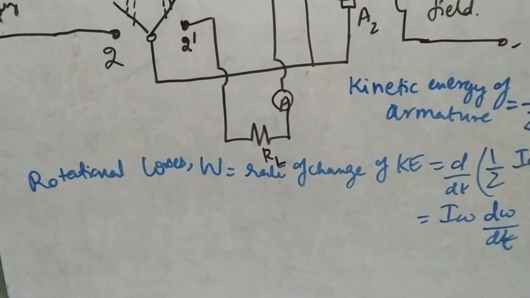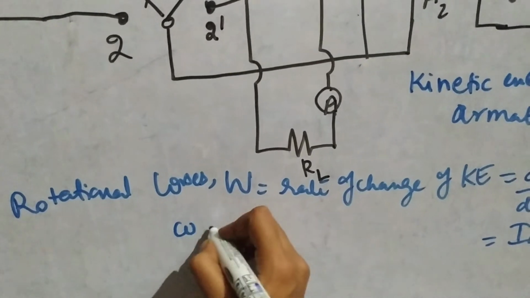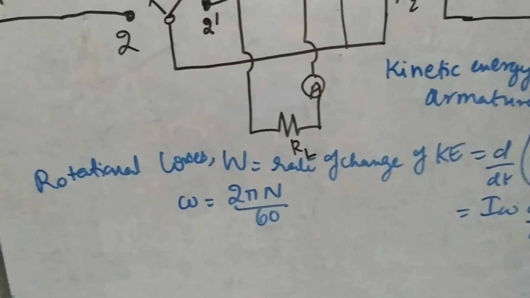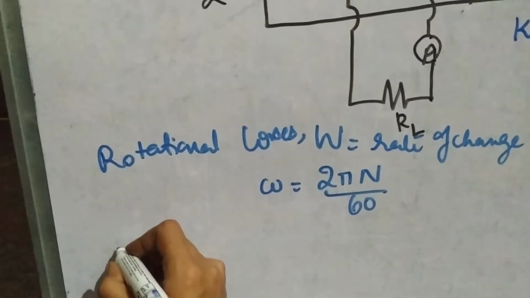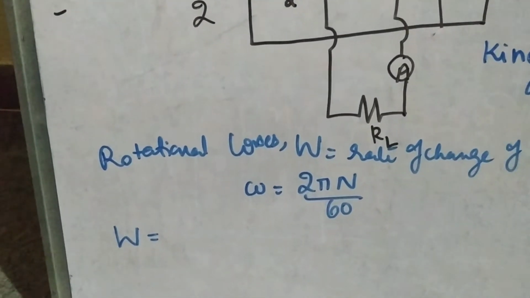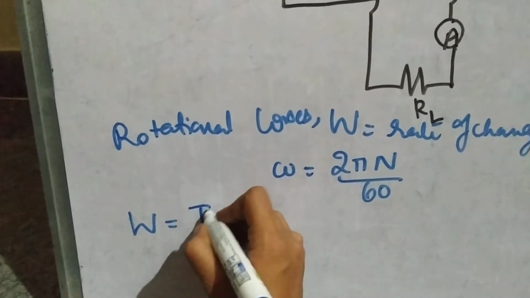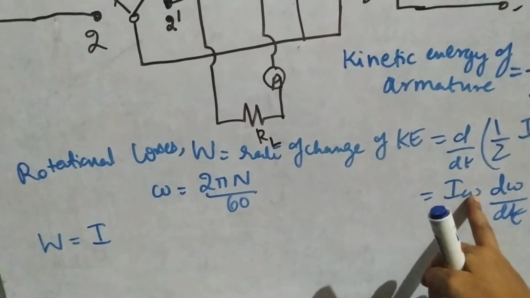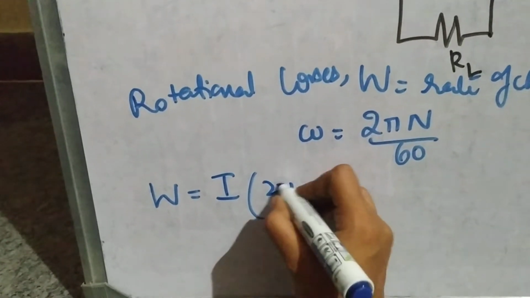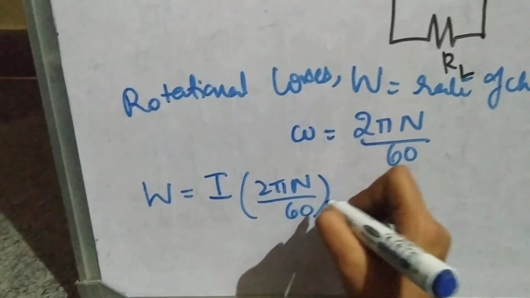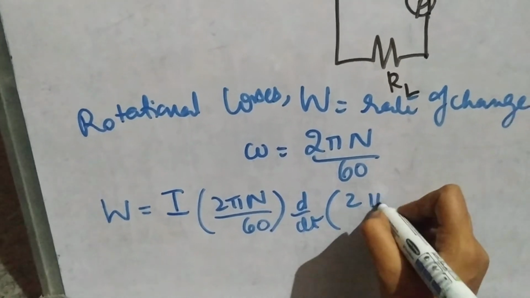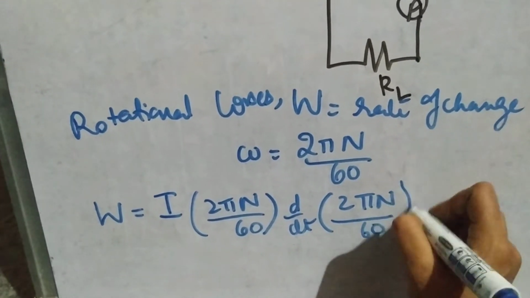Therefore the rotational loss or stray loss, capital W, is obtained by substituting omega as 2 pi n by 60 into d by dt of 2 pi n by 60.